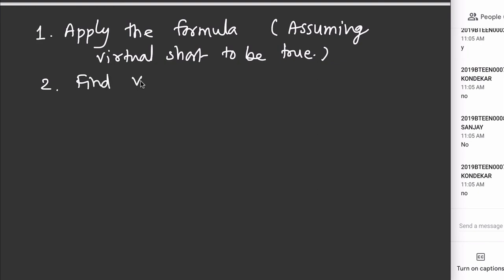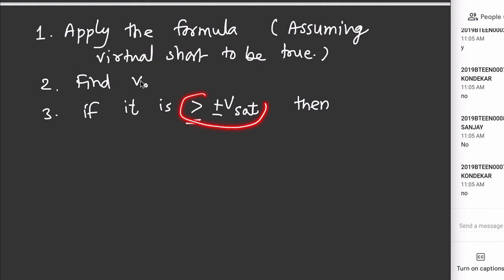Find VO. Then if it is more than Vsat, plus minus Vsat means the maximum voltage that the output can produce. If the calculated output voltage is more than plus Vsat, then the output will not be the true value; it will be limited to saturation.